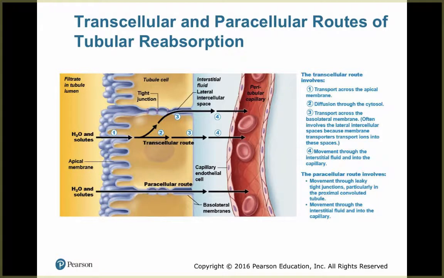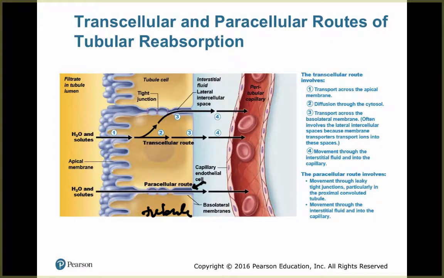So let's actually talk about the paracellular first because it's the easiest. So for the paracellular route, if you notice, these are the tubule cells here, and you see that there's an opening between the two.